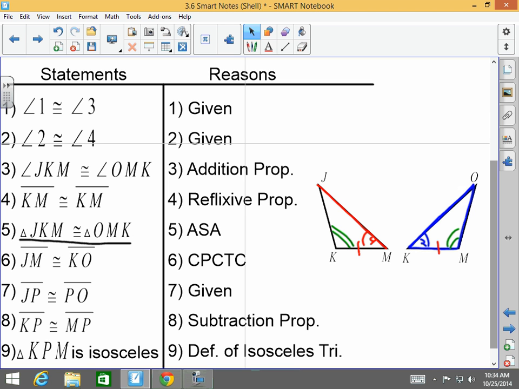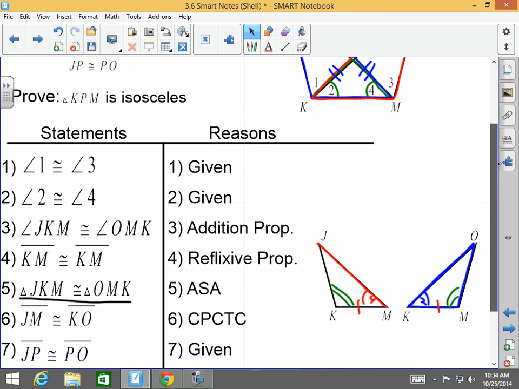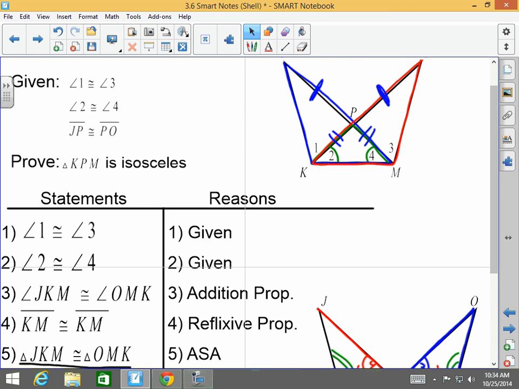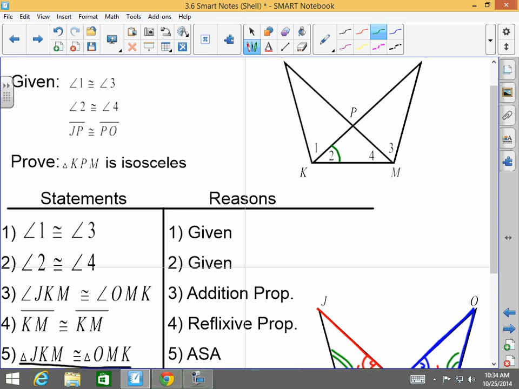Hopefully that made sense. Now, some of you may be thinking, wait a second, Mr. Morrow. Didn't you tell us that if the base angles are congruent, that means that the sides, that the legs are congruent? Yes, I did. If I already stated to you that angle 2 is congruent to angle 4, by definition, PK must be congruent to PM.